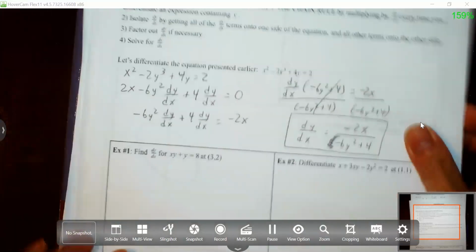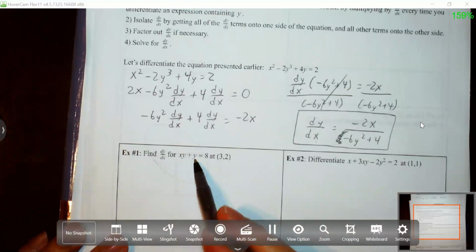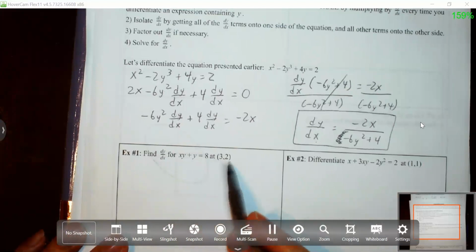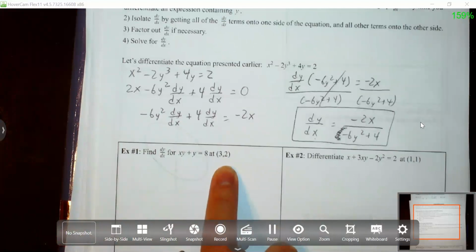So let's look at example number 1 here. Find dy/dx for xy plus y is equal to 8 at (3, 2). So here, they actually want us to figure this out at (3, 2). So first step is we are going to go ahead and take the derivative.